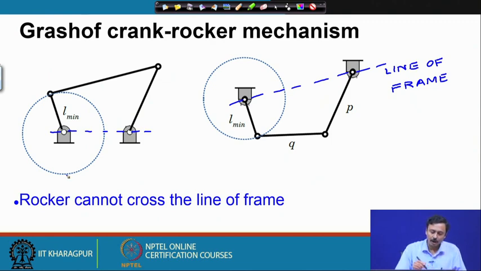Now, when this rocks, what this says is the rocker can possibly rock like this. So, these are the extreme configurations of the rocker, and we have seen that these are the dead center configurations.